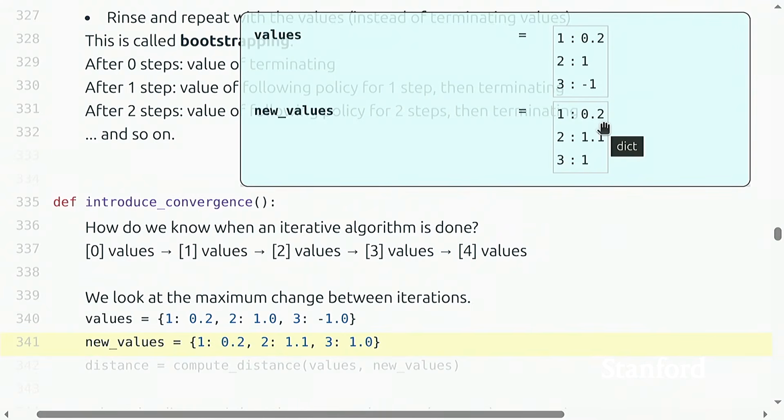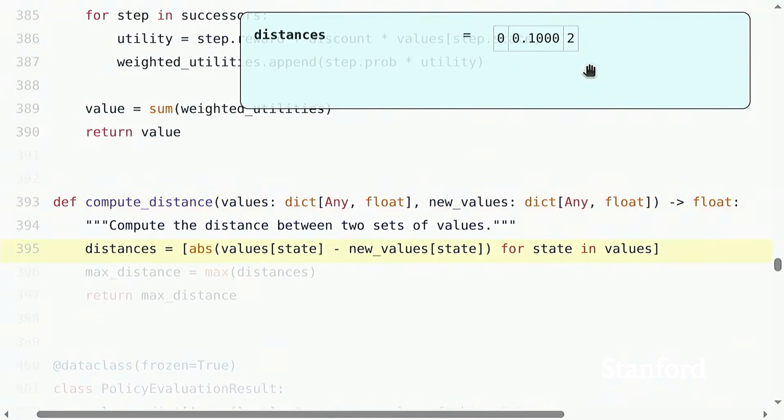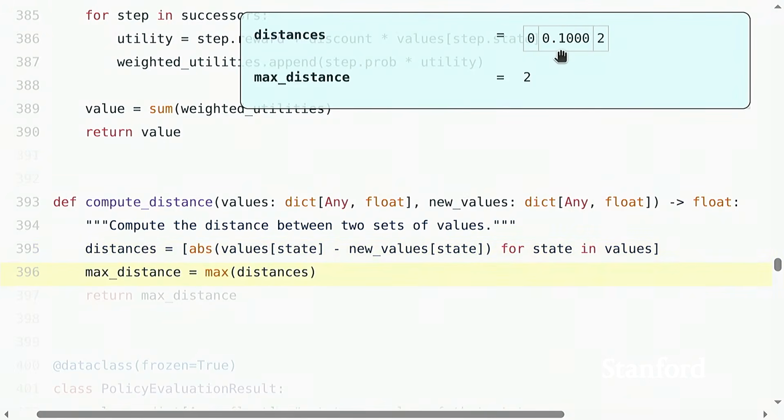You compute the distance element-wise, and you take the maximum distance between them. This is also called the L infinity distance, and it happens to be 2 here.